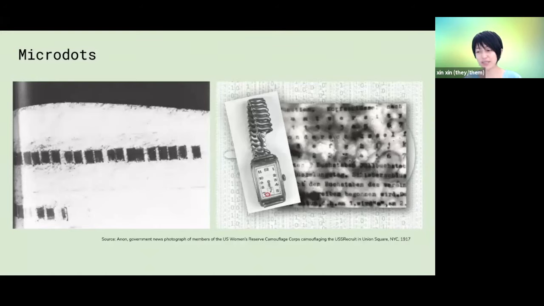It's so small that most people can't see it with their bare eyes, and you need a special microscope to be able to read the microdots. During wartime these microdots were embedded onto all kinds of objects, onto different parts of a document, to deliver messages securely without being seen by unintended people.